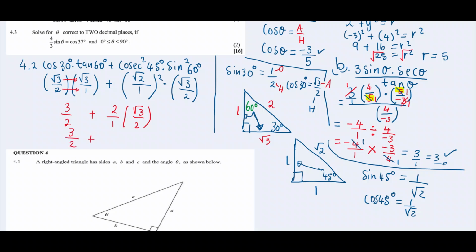So if you take a look at this, we can simplify this by saying 3 over 2 plus 2 root 3 over 2, and the final answer here is going to be the LCD. Since the denominators are the same, we're just going to add the parts at the top, and I think we'll get 3 plus 2 root 3, over 2.